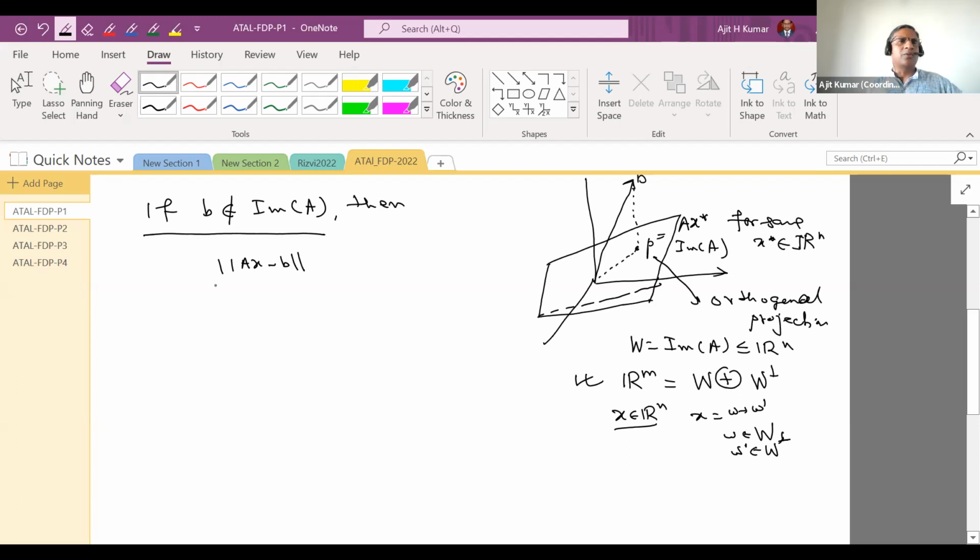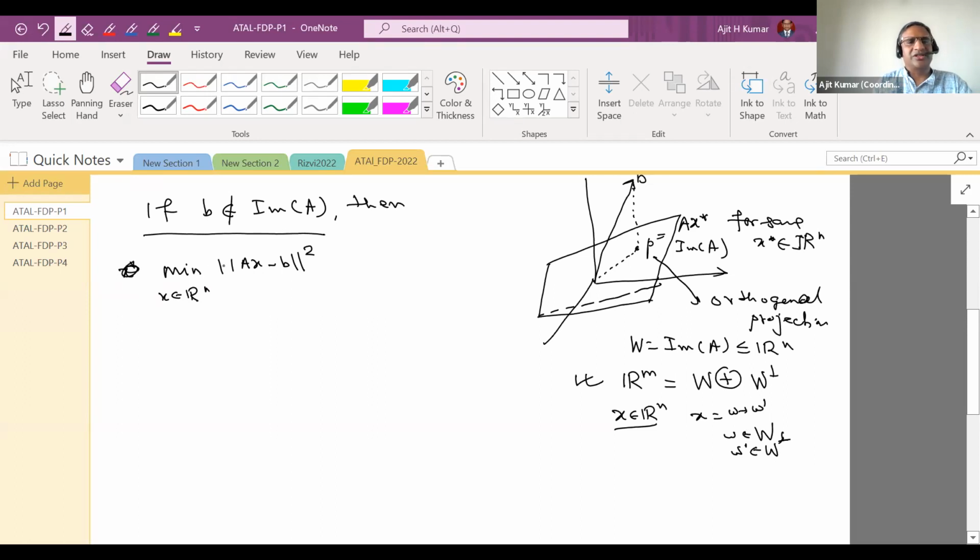But when we talk about a minimization problem, most often we look at calculus concepts, and in calculus we would like to use derivatives, and norm is not a differentiable function. So instead we will use its square. Minimize this over the set of all vectors X in Rn.